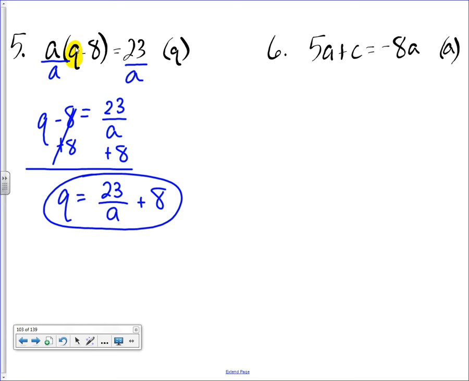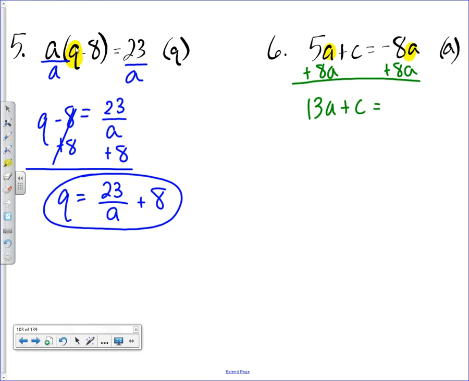In number 6, I'm trying to isolate the a. This time you will notice there are two a's, so I need to get them together. Okay, it does not matter which way you move them. If you're conditioned to move the smaller one over, then we will add it over. Notice that those are like terms, so I get 13a plus c is equal to 0 over here. Now if I want to isolate the a, I need to get rid of the c. So we'll subtract it.